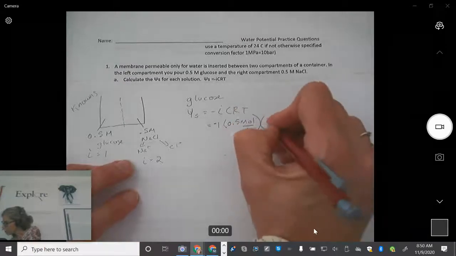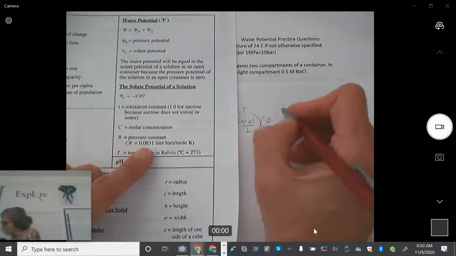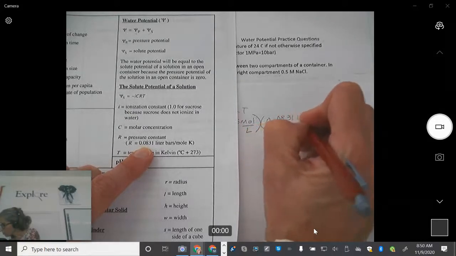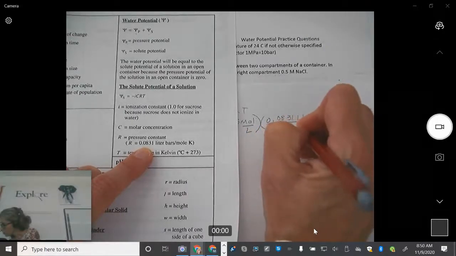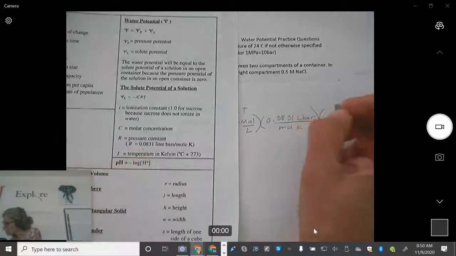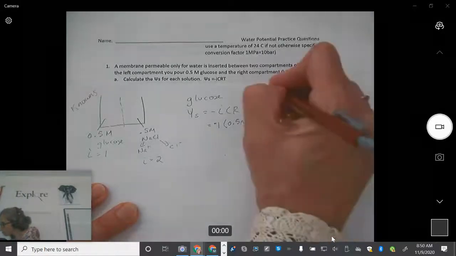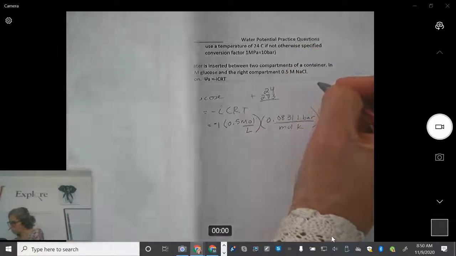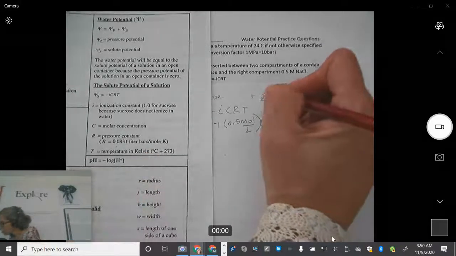R is going to be, let's see, it's right here, 0.0831 liter bars per mole Kelvin. And then the temperature, it says up here is 24 degrees. So it's going to be 24 plus 273. And it says so right here, that Kelvin is Celsius plus 273.